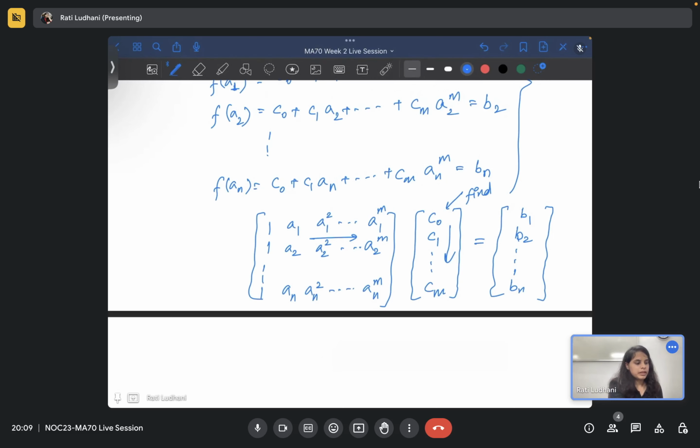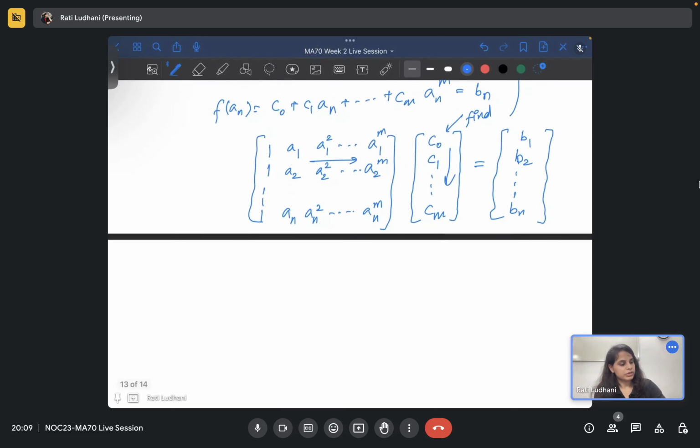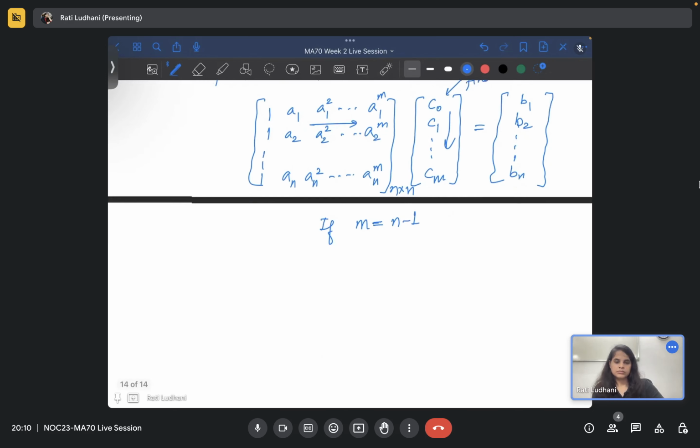Now, we want to construct such an f. So I can pick m according to my knowledge. I can take m to be equal to n minus 1. Why have I taken m to be n minus 1? Then what will happen? This will be an n cross n matrix, right?